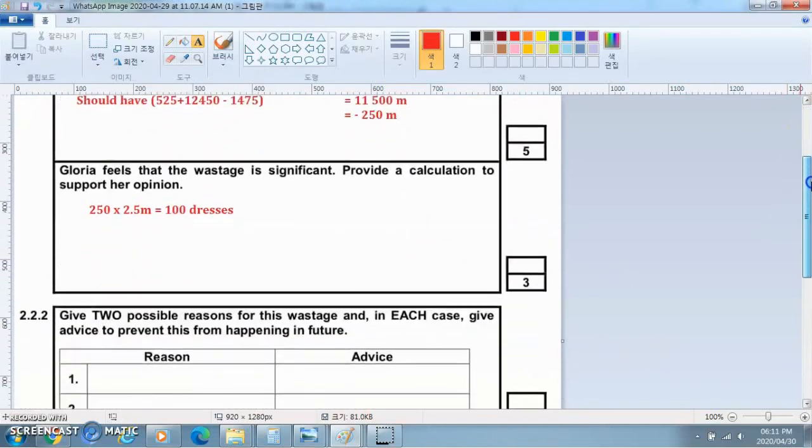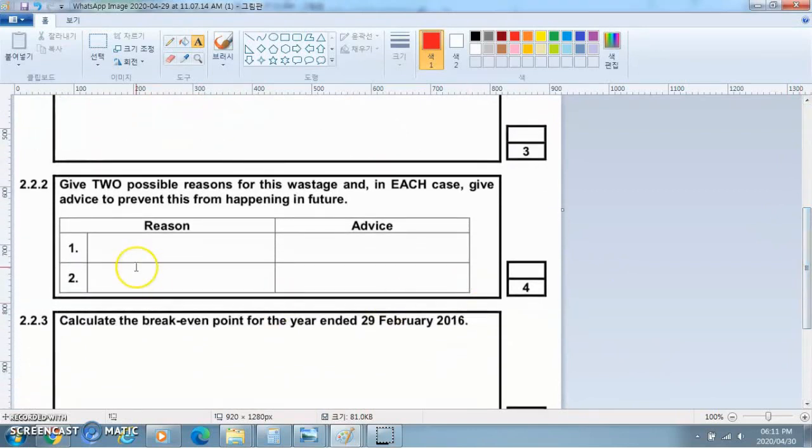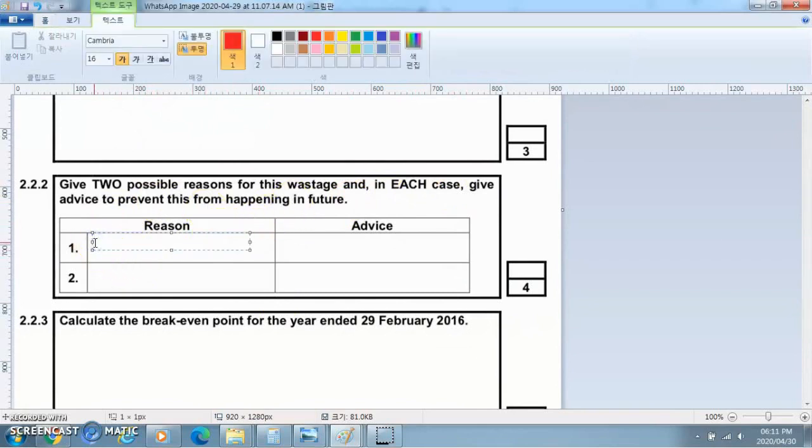Okay, let's go to 2.2.2. Here they're saying give 2 possible reasons for this wastage, and in each case give advice to prevent this from happening in the future. So here we just give possible reasons.